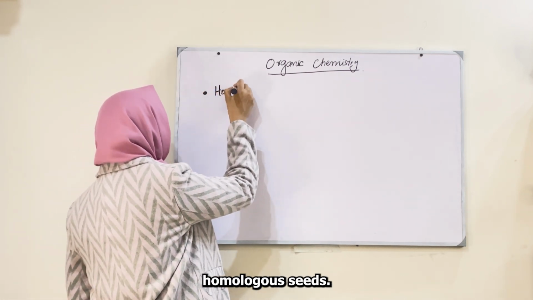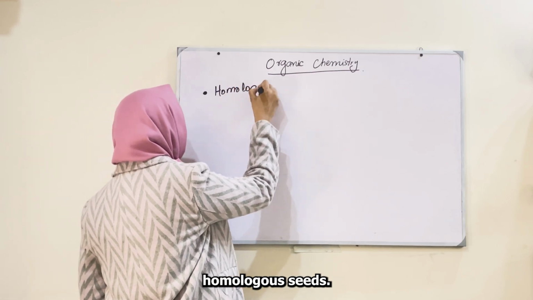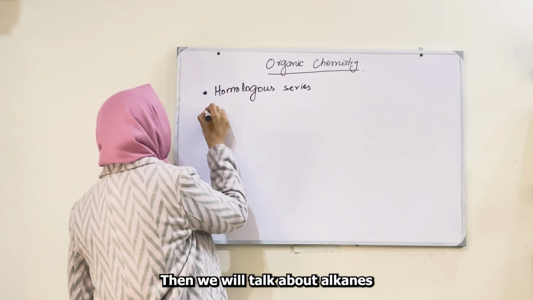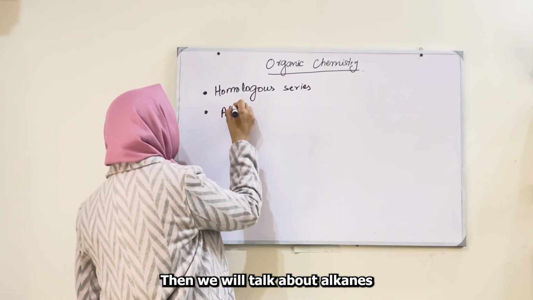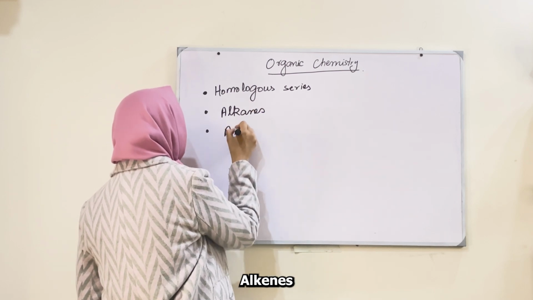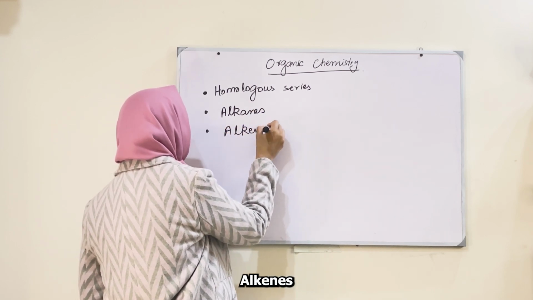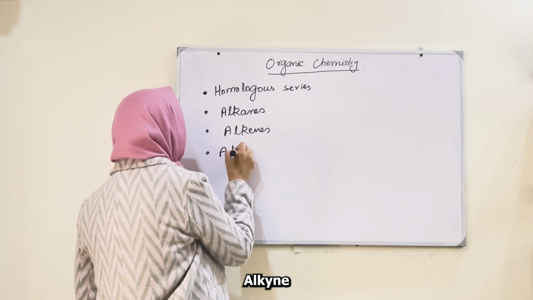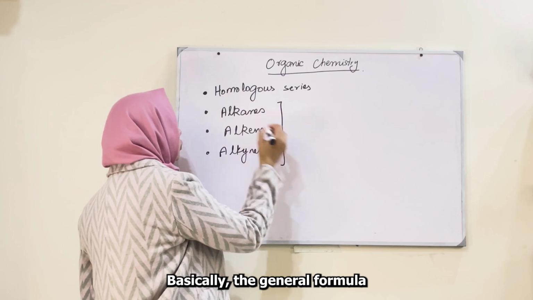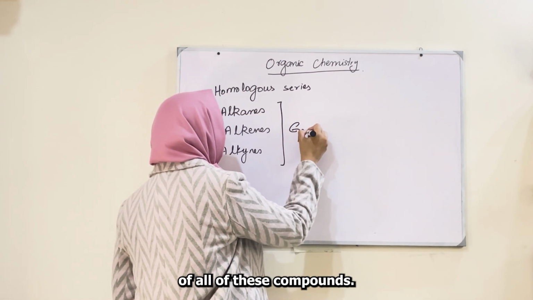Homologous series, then we will talk about alkanes, alkenes, alkynes. Basically, the general formula of all of these compounds.